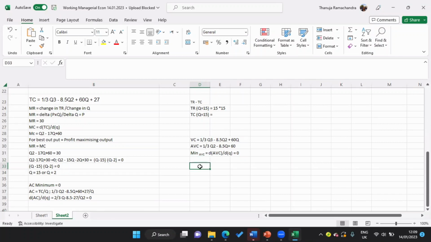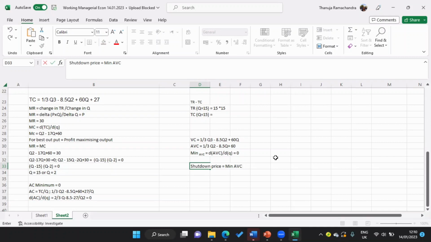Okay. Because at the shutdown price equals minimum AVC. Because if our price is below the minimum AVC, right, we can't survive, right? At least it should be enough to cover the minimum AVC, right?